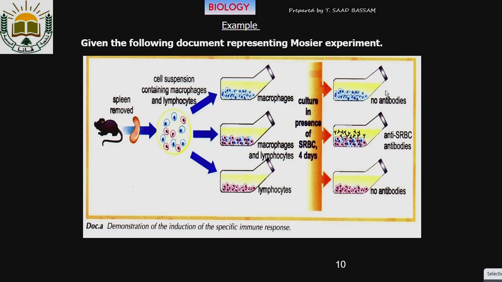On the other hand, if we put macrophages and lymphocytes with SRBC, we obtain anti-SRBC antibodies. Finally, if lymphocytes alone are put with SRBC, no antibodies are obtained. So you see what I put together and what I obtained.